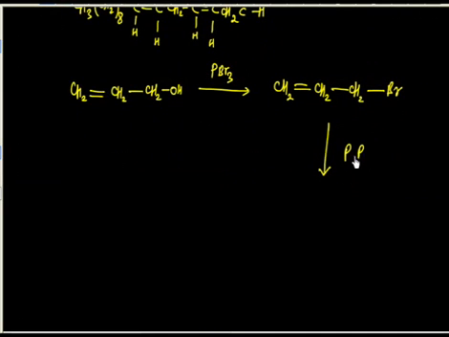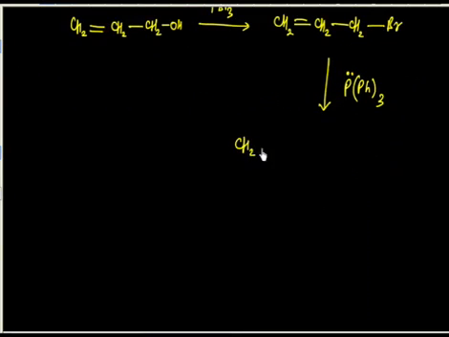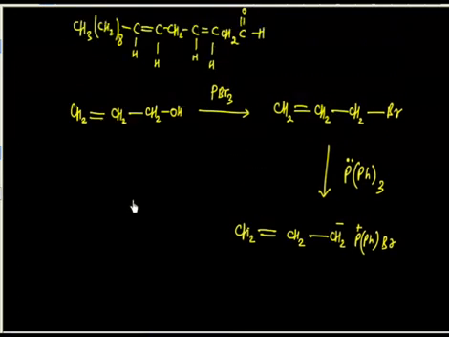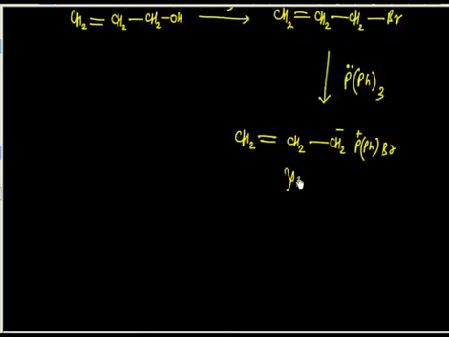So this compound is CH2=CH-CH2, with phosphorus PPh3 Br, where the phosphorus carries a plus charge and the carbon a minus. So this is the ylide, or phosphonium ylide, whatever it is called.